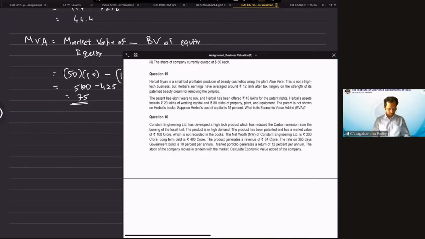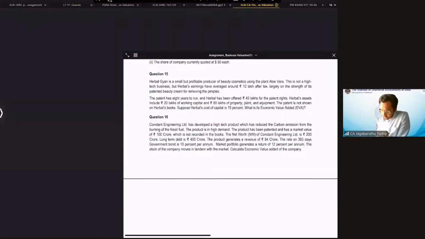It comes to minus 3 lakhs. EVA is minus 3 lakhs. Okay. It is small but profitable.